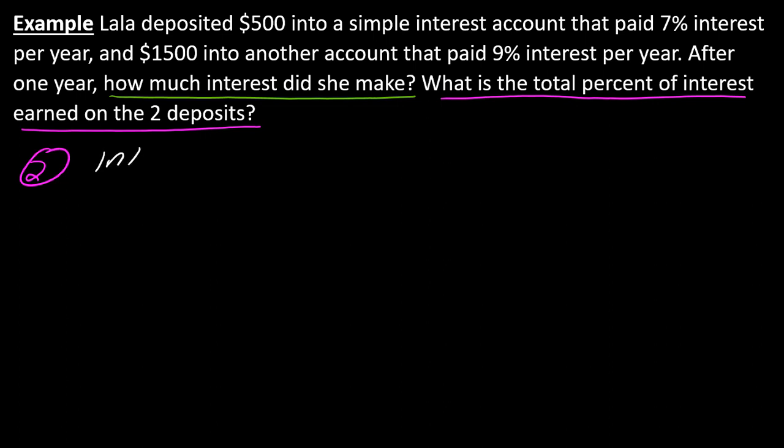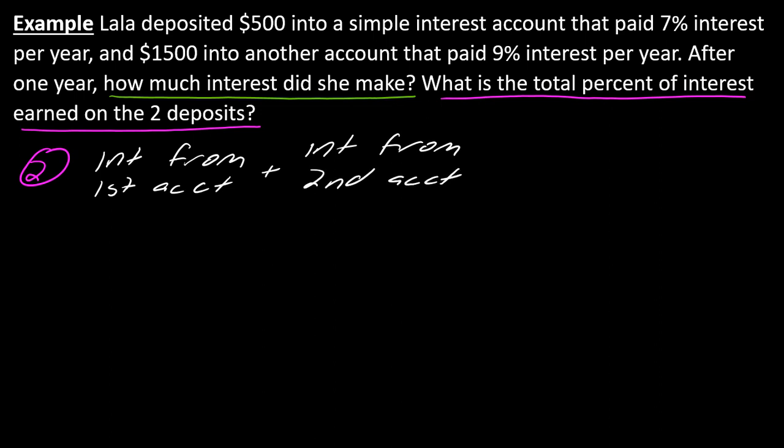So I have the interest from the first account, and then I have the interest from the second account. In this case, I want to figure out how I get the interest rate from both accounts. This is just a slightly different way of thinking about this.